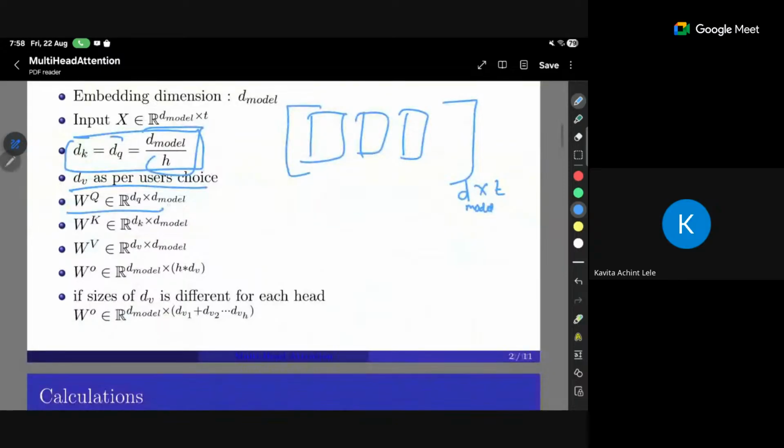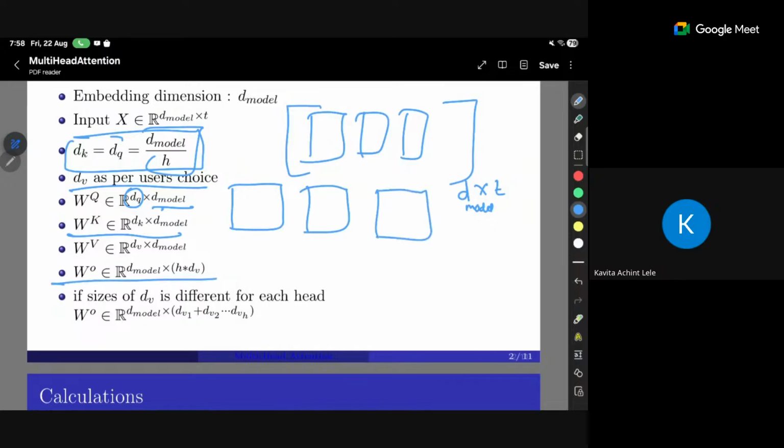Now if you do this, then you'll get some dq, and cross d model, that is the size of wq. Similarly wk will be another matrix, and wv is also a matrix, and wo finally will be d model cross h multiplied by dv, whatever dv you have chosen.